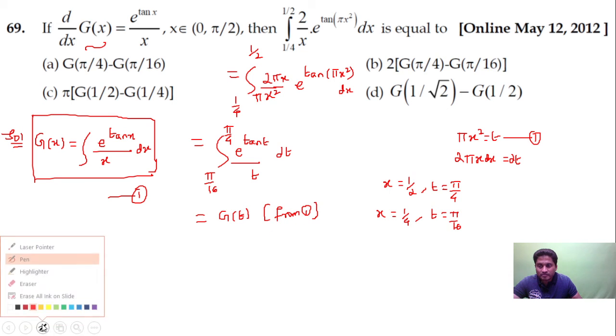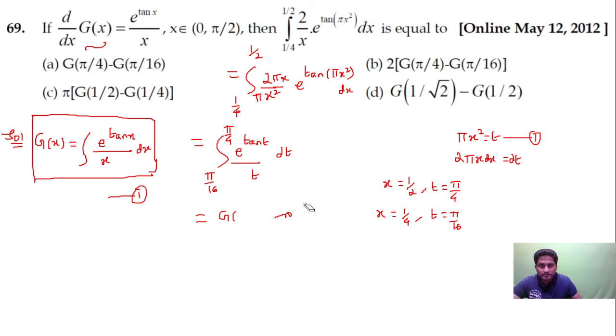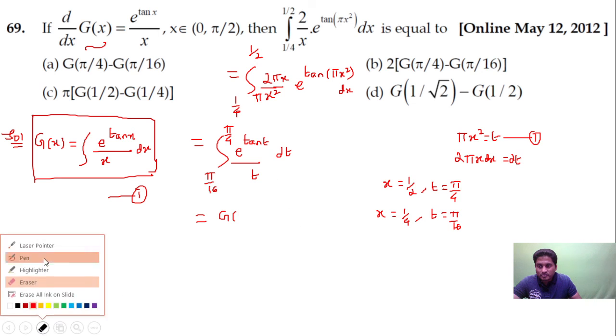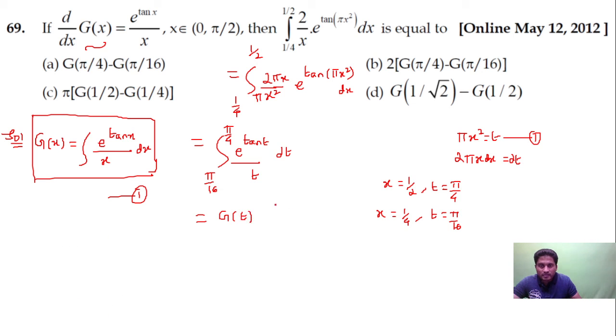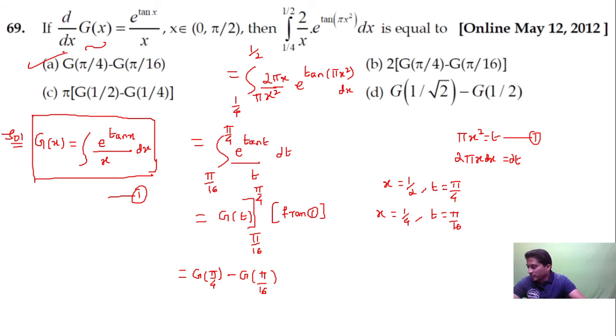Between the limits pi upon 16 and pi upon 4, upper limit minus lower limit: upper limit is g of pi by 4, minus lower limit g of pi by 16. That's the first option, guys. This is option A.